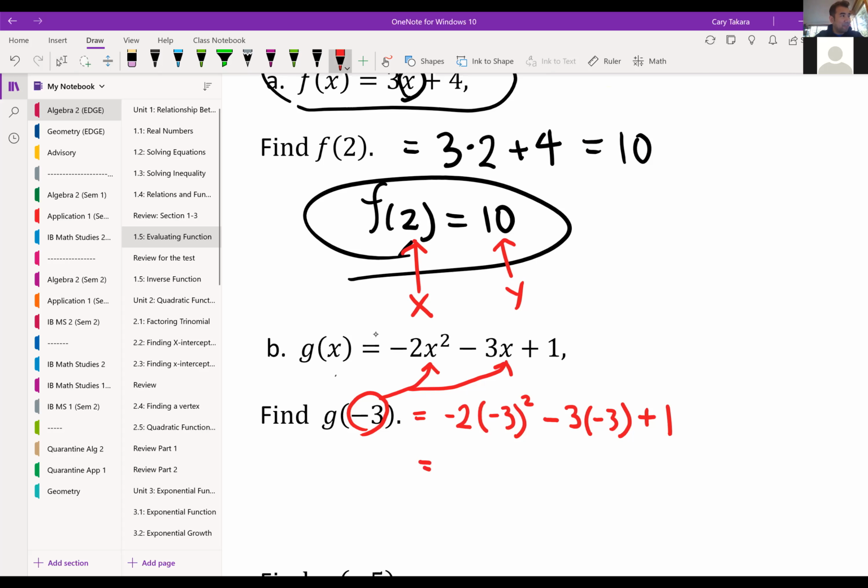So yeah, very good. Let's keep going. Now we've got to take care of the square exponent. -3 squared is +9. -3 squared, that's -3 times -3, that's +9, right? So it's -2 times 9. -2 times 9 is -18.